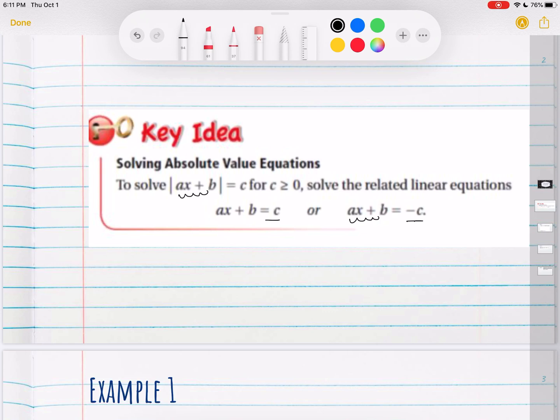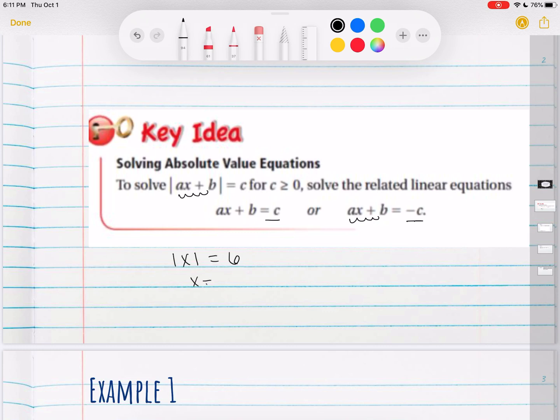Now let's just do a simple example to kind of see why we do this. So what if I just have this simple absolute value equation, the absolute value of x equals 6. Well, what's x? What two numbers have an absolute value of 6?